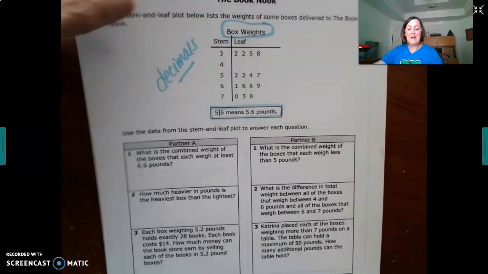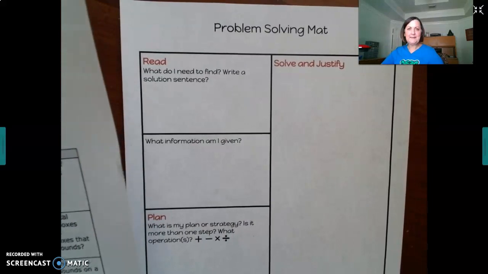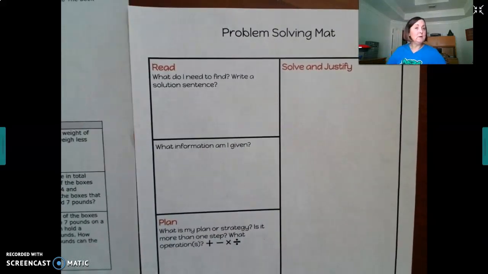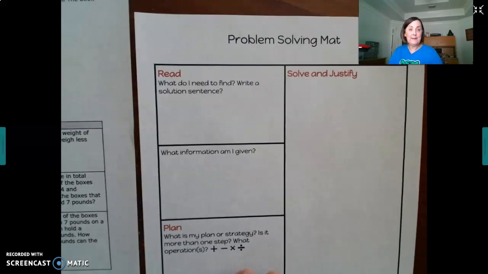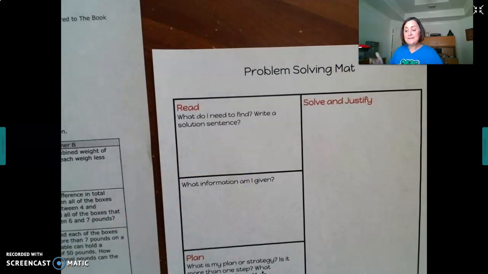All right, I'm going to use this problem-solving mat, and we're going to take it in steps. We're going to break it down, okay? The first thing we need to know is, what do we need to find? We've read the question, so what do we need to find?